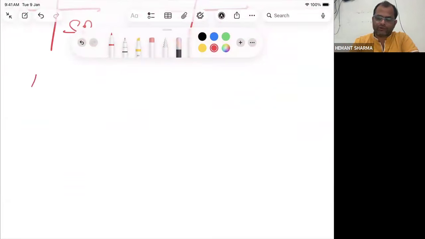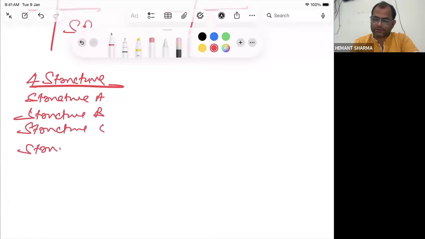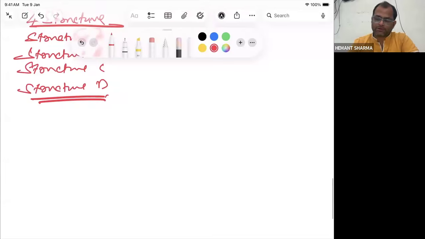So we can say there are 4 structures. They are called structure A, structure B, structure C, and structure D. Like four friends are making four homes.